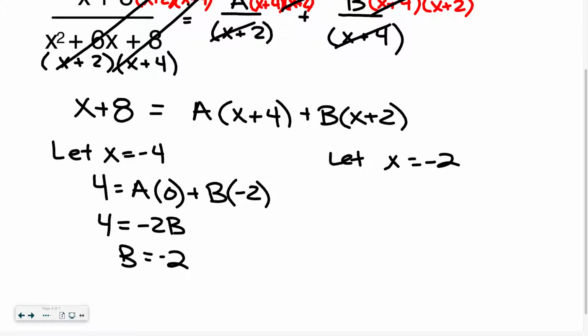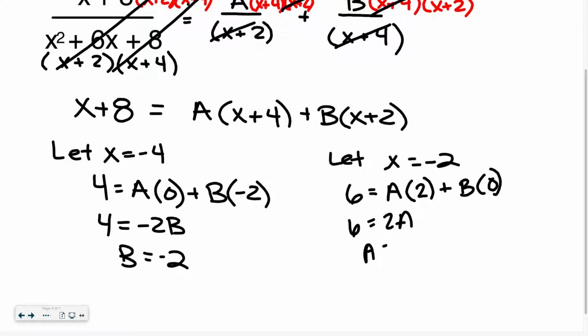So let's let x equal -2. Then on the left we have 6 equals a times 2 plus b times 0, which is great because b times 0 is 0. So I really have 6 equals 2a, and a is 3.